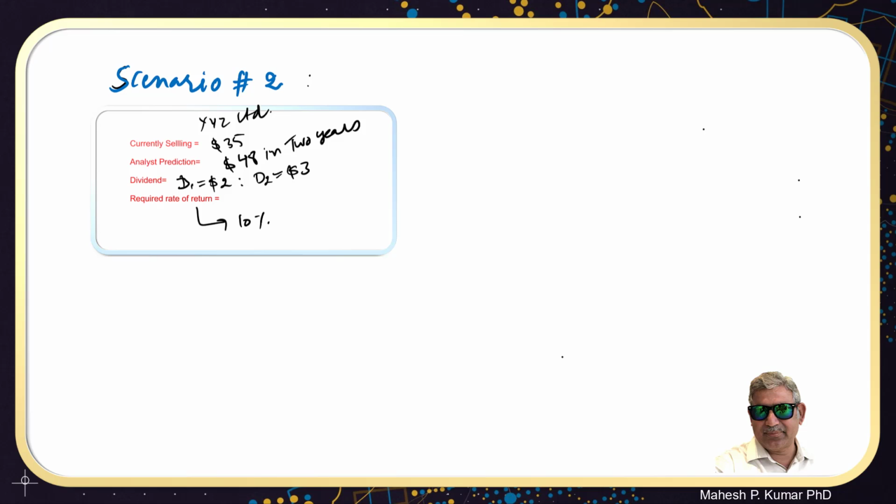In order to calculate the intrinsic value of this share, we have to discount the dividend after 1 year for 1 year, and discount the dividend received after 2 years for 2 years at the required rate of return.